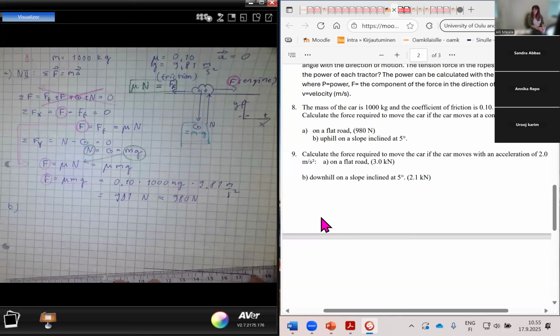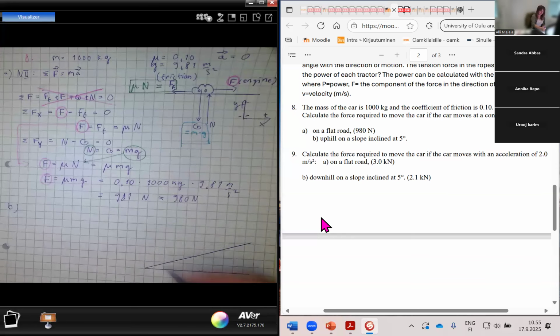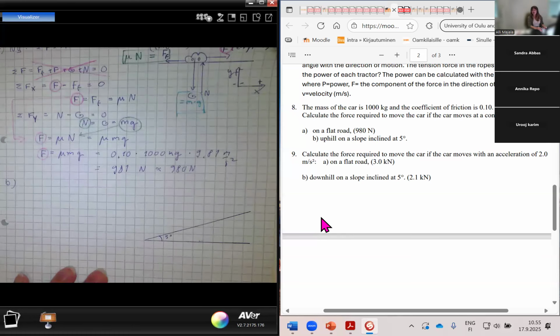Okay, and we are going uphill. So it's 5 degrees. Well, I just draw it, it doesn't matter. I just mark there that's 5 degrees. It can be anything, and it's always the same procedure, of course.